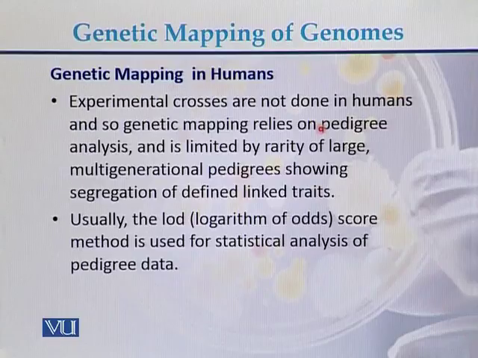When we talk about genetic mapping in humans, experimental crosses are not done in humans. So genetic mapping relies on pedigree analysis and is limited by the rarity of large multigenerational pedigrees showing segregation of defined linked traits. Usually, the LOD score is the method used for statistical analysis of pedigree data in human genetic mapping.